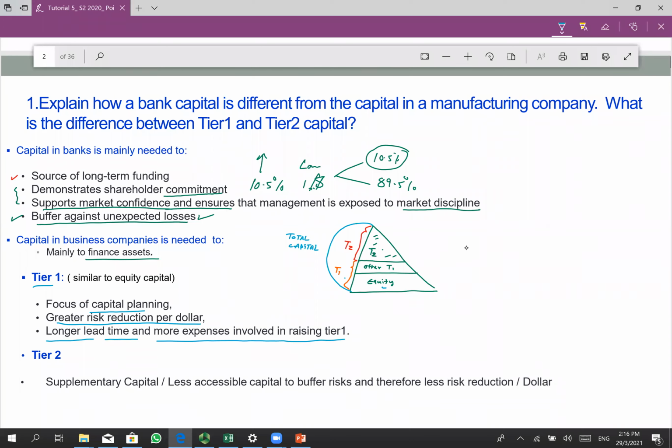So they are not long-term, but equity will still be equity. As long as you are a shareholder, it will be forever. Yes, the owners will change. They can sell their shares one to one, but the equity will still be equity, regardless of who owns it. So it's a longer lead time. This is when we talk about tier 1.